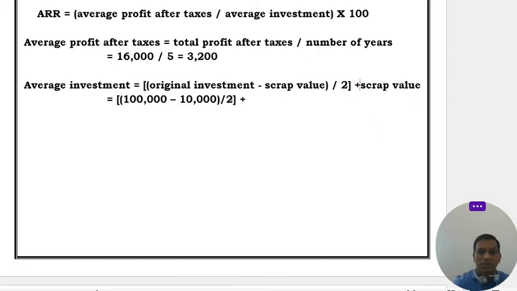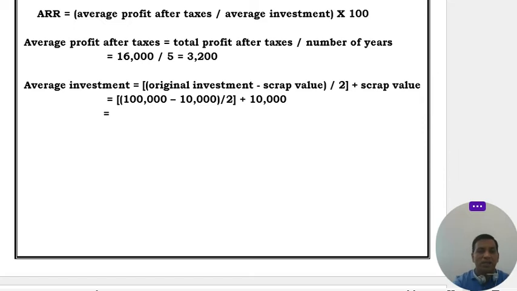Scrap value is plus, my dear, plus scrap value. Scrap value how much? 10,000 only. Scrap value is also called residual value. It is also called terminal value, that is value at the end of the life of the asset.